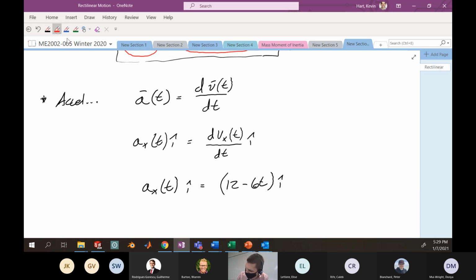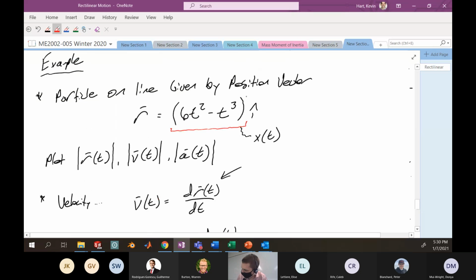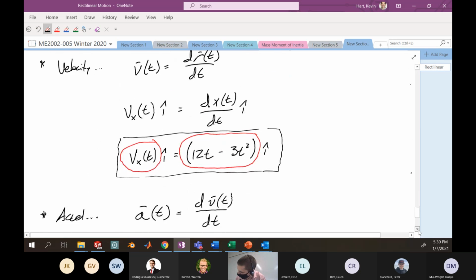Okay, so I want to plot this scalar acceleration, I want to plot the velocity, and I want to plot generally this position, x of t. All right, so let's do that.